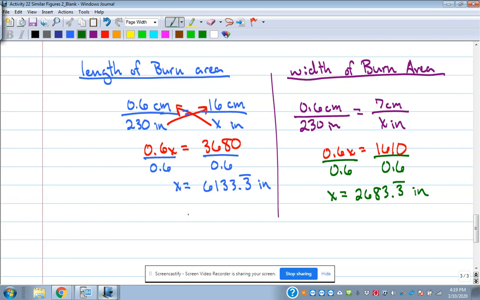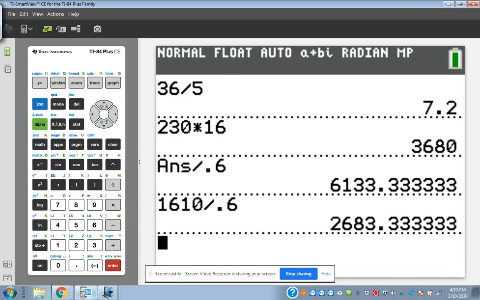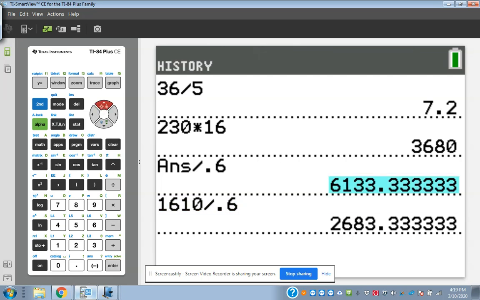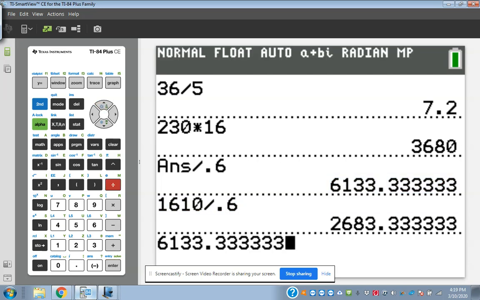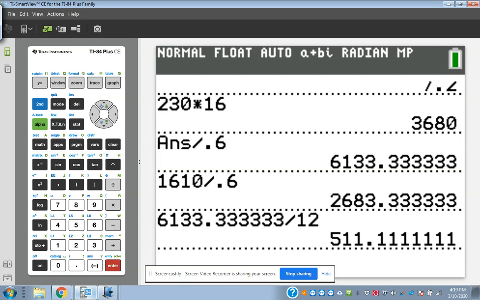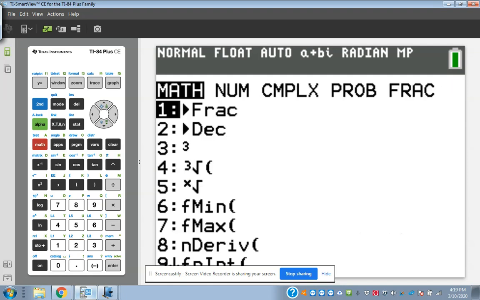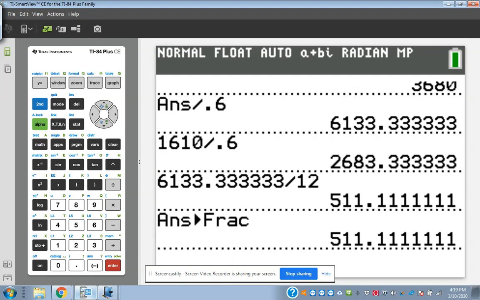So we're going to convert this into feet. I'm going to go to the calculator here, grab that number and divide it by 12. Does it say what to round to?